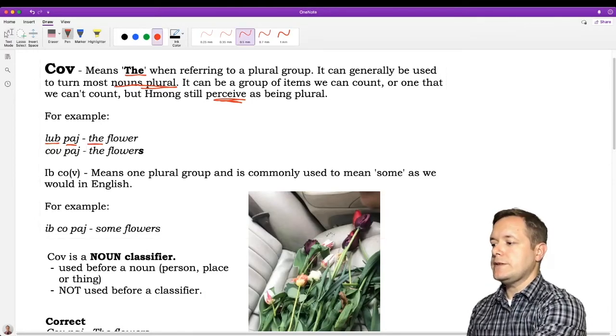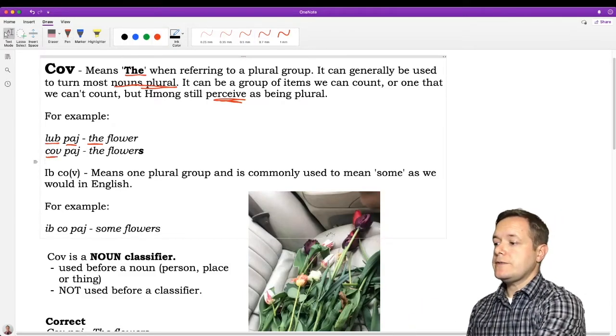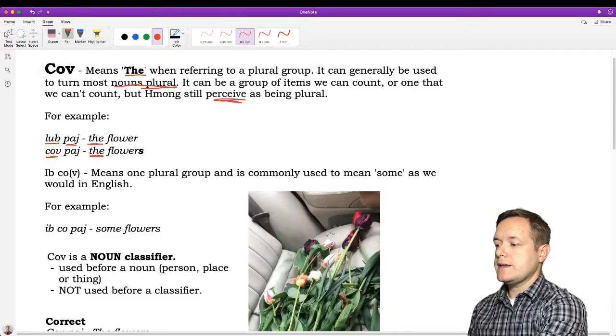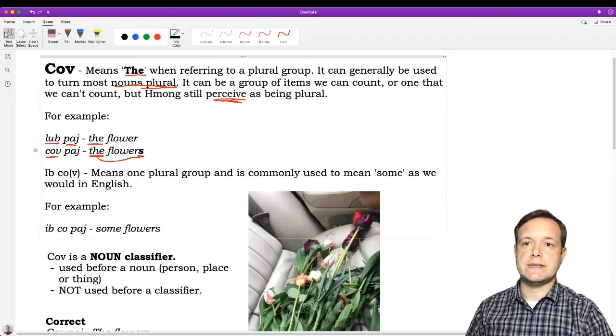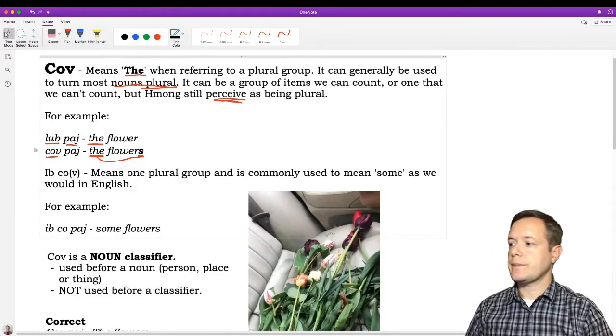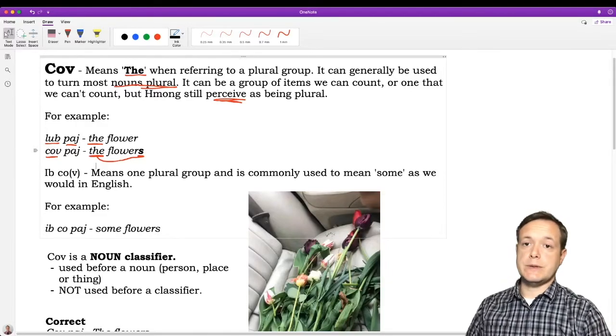But if we say jaw pa, jaw fills the same role, "the," but it adds this extra meaning of adding like an S to the end of it, "the flowers." So we can see that it pluralizes.